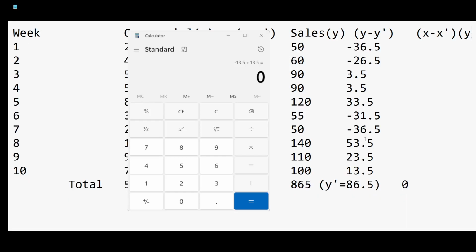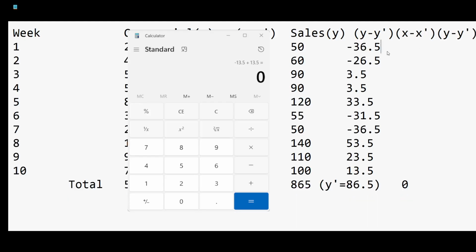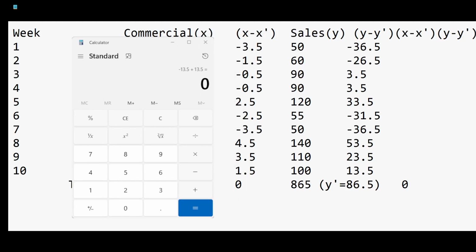Okay, so this is now our value. So you're going to multiply 3.5 by negative 36.5.